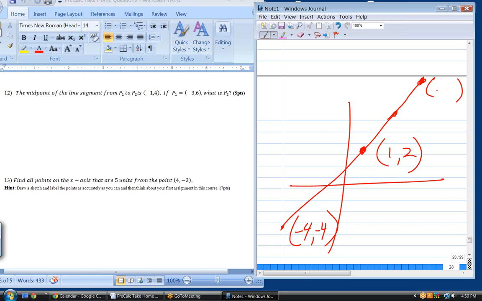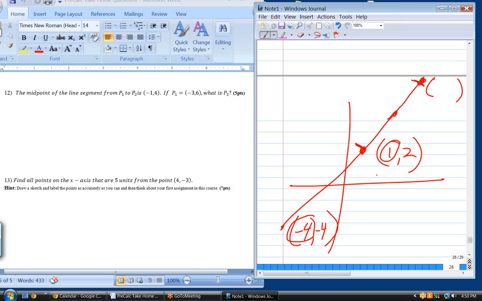Well, there's a key way to do this, not double. We know the distance from here to here on the x-axis has to be the same amount as from there to there in the same direction. So you're right, it's 5. And are we going up or down?